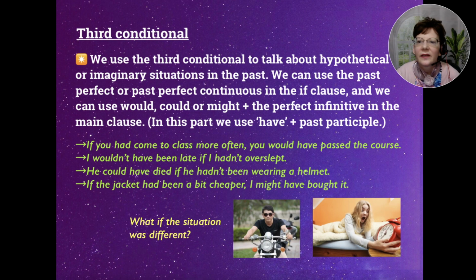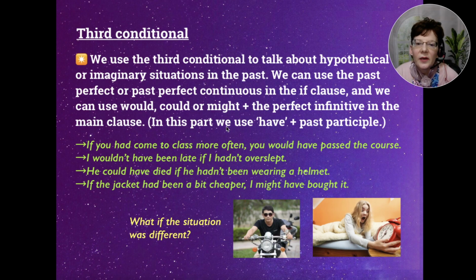Okay. Third conditional. We use the third conditional to talk about hypothetical or imaginary situations in the past. We can use the past perfect or past perfect continuous in the if clause, and we can use would, could, or might, and then plus the perfect infinitive in the main clause. So you'll see some examples.